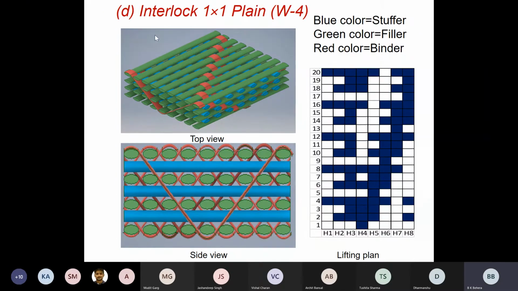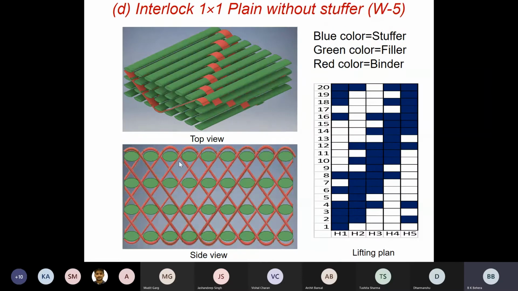I'll show you another one. This is interlock. I have not shown you what is interlock. So this is a 1x1 plain interlock fabric. Then you can see here interlock without stuffer yarn. There is no stuffer yarn here. Stuffer yarn, you understand.